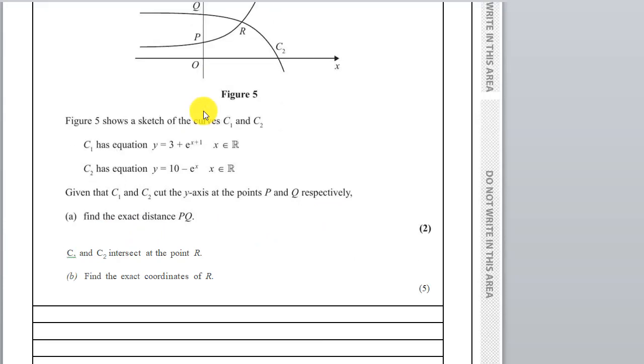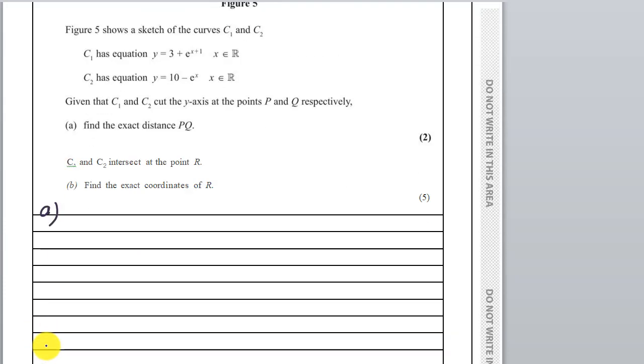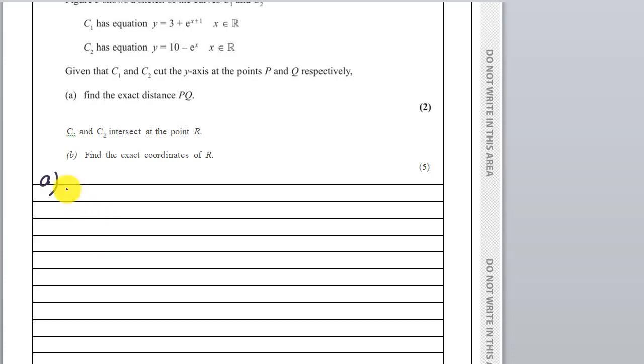So he needs the distance, so I need the y of B and y of Q. So to start to solve this part, this is part A. Now x at B and Q is equal to 0.